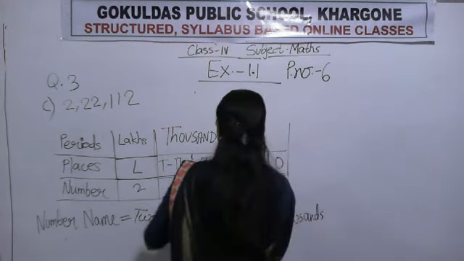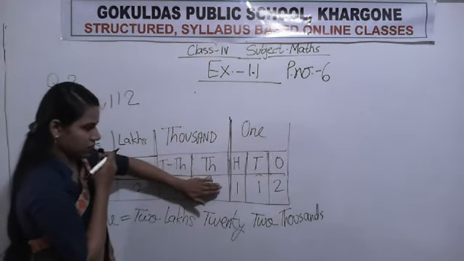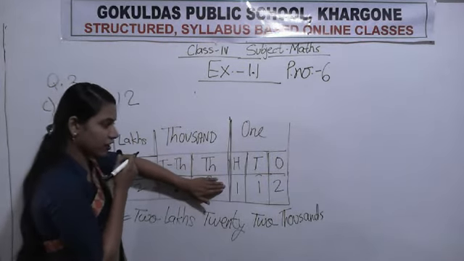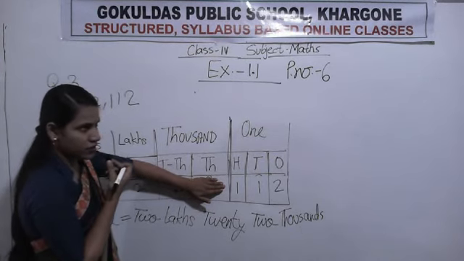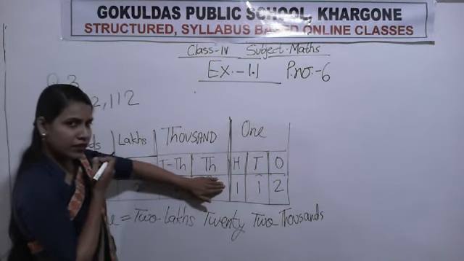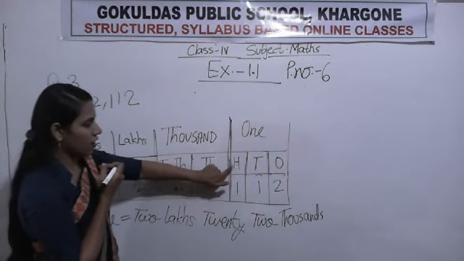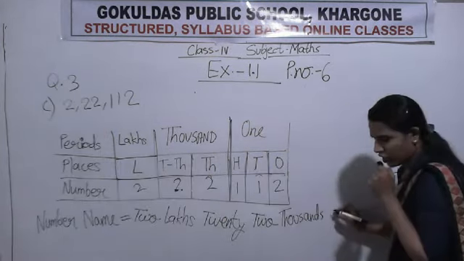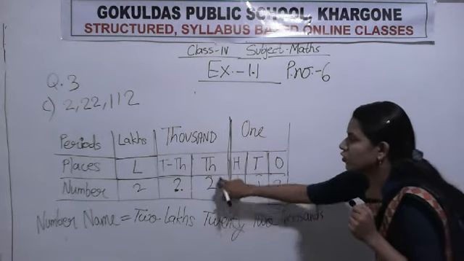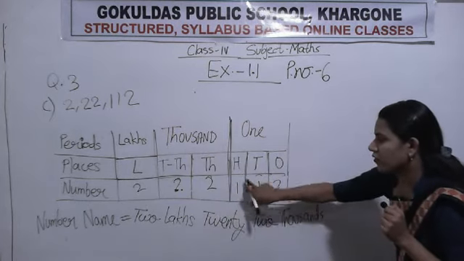Now if I hide all these digits, can you read the last digits? What is it? 112. How will you read it? 112, right? So write it in words. Now after 22 thousand, what comes? 112.